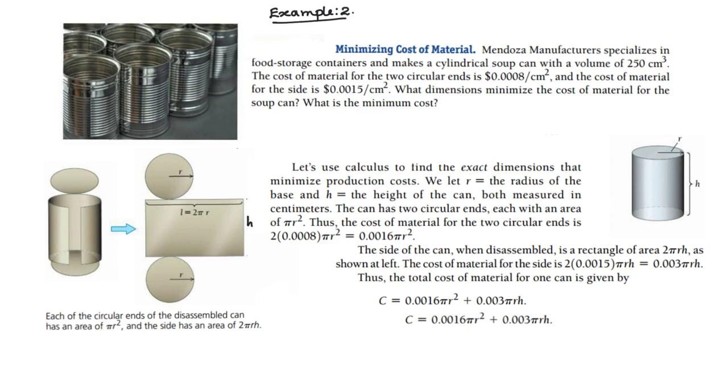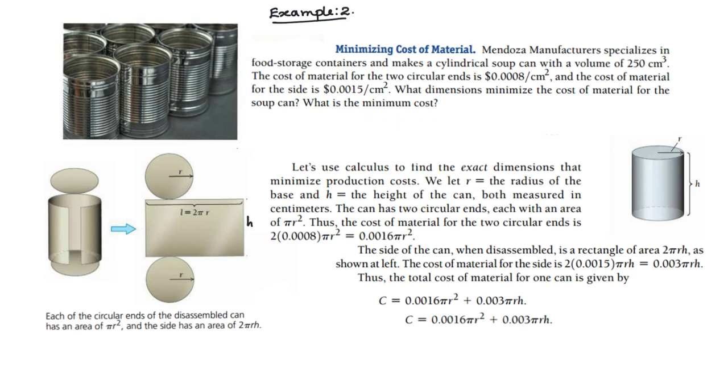Since it is a cylinder, it will have a top and bottom, those will be circles, right, and a side. So the cost of the material for the two circular ends is given, and the cost of the material for the side is also given. We need to find the dimensions to minimize the cost of the material for the soup can, and we need to find the minimum cost too.